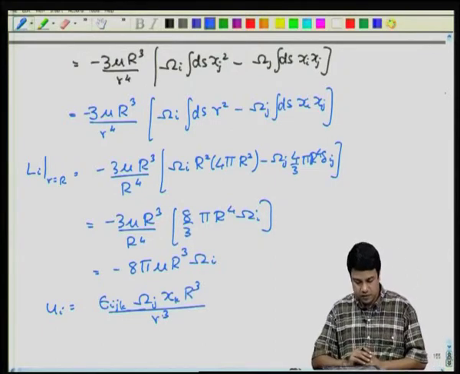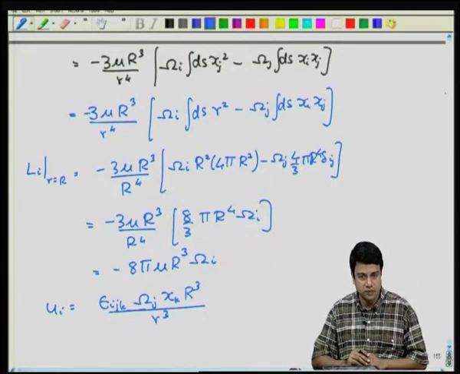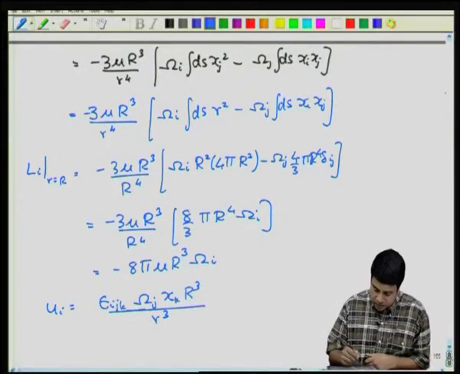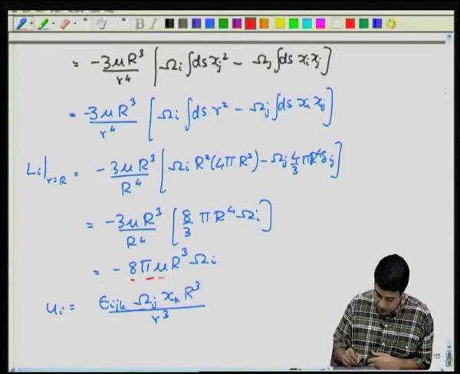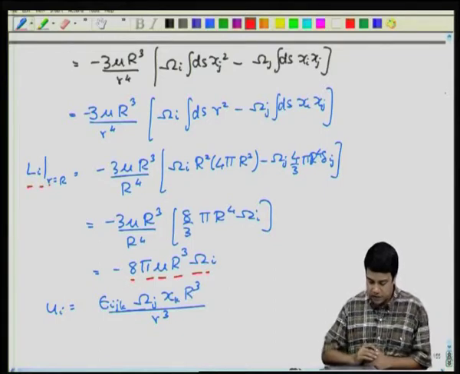That was my expression for the velocity field. And instead of expressing this in terms of the angular velocity, I could also express it in terms of the torque. So, I just use this relation to rewrite the angular velocity in terms of the torque.